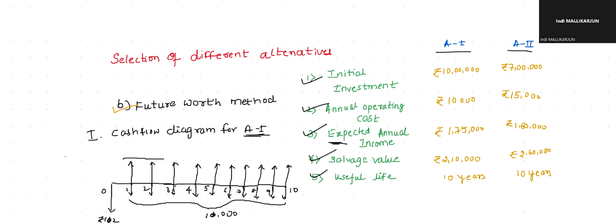So this will be our income, the incoming for alternative 1, 1,75,000. At last, alternative 1 has some salvage value, that is, at the end of the useful life it has some value. That is 2,10,000. This is our first alternative's cash flow diagram.